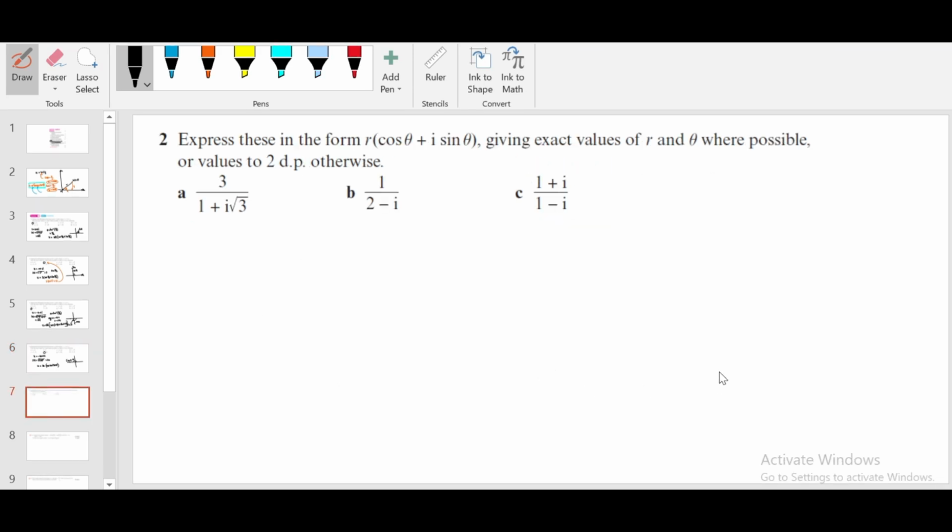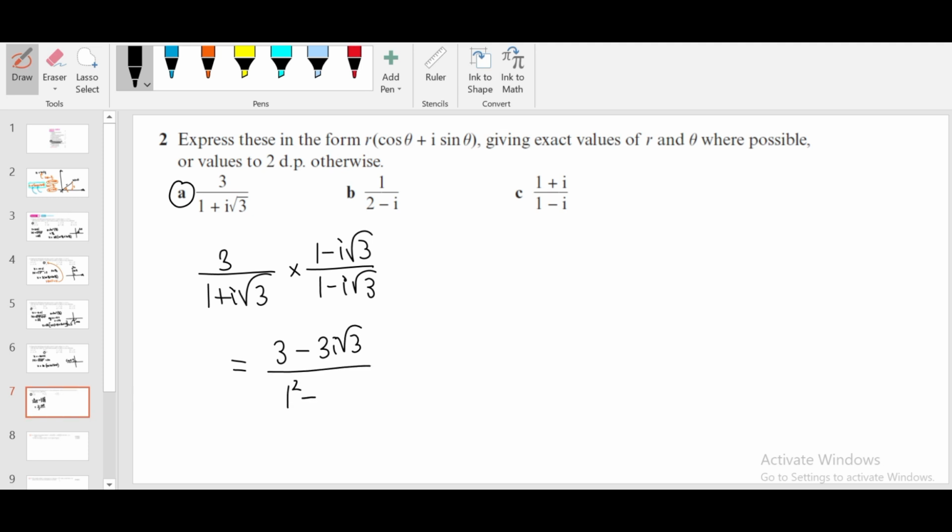Let's look at question number 2. It's the same thing, only the complex number is not in the form x plus iy. So we have to write it in the form x plus iy first. So 3 over 1 plus i root 3, take the conjugate of the denominator and multiply and divide: 1 minus i root 3 divided by 1 minus i root 3. So on top you will have 3 times 1 minus i root 3, divided by a squared plus b squared.